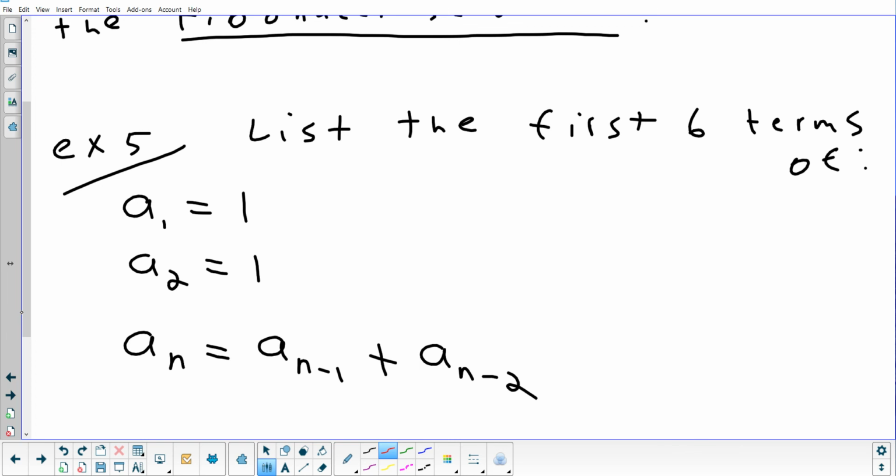Otherwise, you'd never be able to figure out the 3rd one. What does this formula basically say to do? Add the previous term to the term before the previous term. Yeah, add up the previous 2 terms, and then that's the term you're looking for.